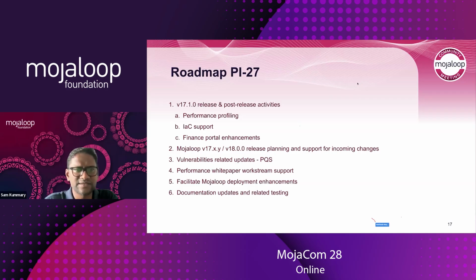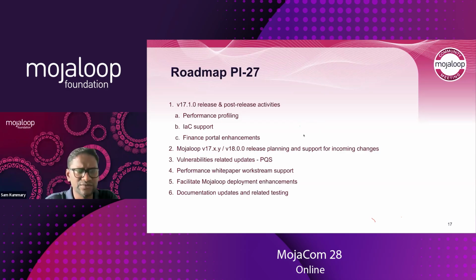But we also want to start planning for whenever the next major release or the breaking change comes, for example, in terms of replacing Mojaloop core, or let me say this, when we integrate Tiger Beetle with Mojaloop, whether it be version 18 or another minor release, 17.2.0 or 17.1.1, want to start planning based on the incoming changes, working with the product and the work streams as well.